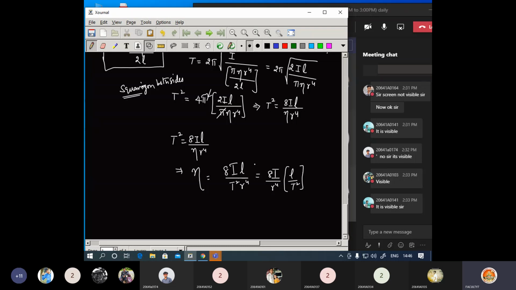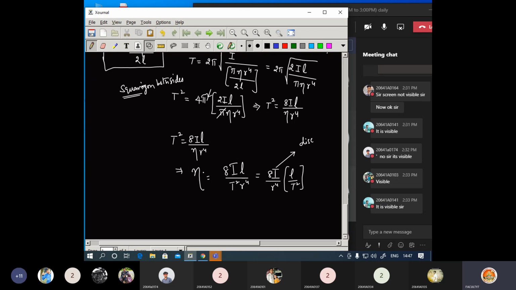Now depending on the disk, you are going to take the moment of inertia, or if the disk is not there and there is some rectangular bar, you will take the moment of inertia of that bar. So depending on the object that you are hanging, you are going to substitute here.